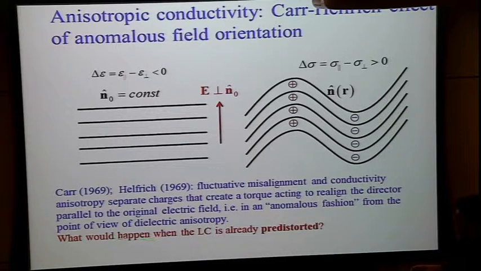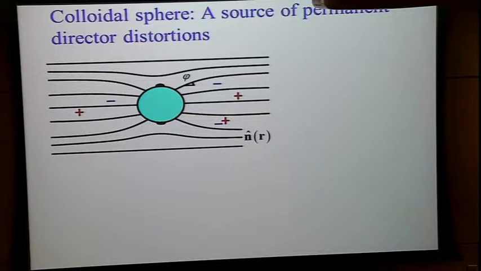So what would happen if the liquid crystal is already predistorted, for example, because you have a colloidal particle placed in it? Let's just consider this colloidal particle that, because of surface anchoring, wants the director to be curved. There are always some traces of ions in the liquid crystal, and it turns out that no matter how clean it is, there are always enough ions to cause all the phenomena I'm talking about.